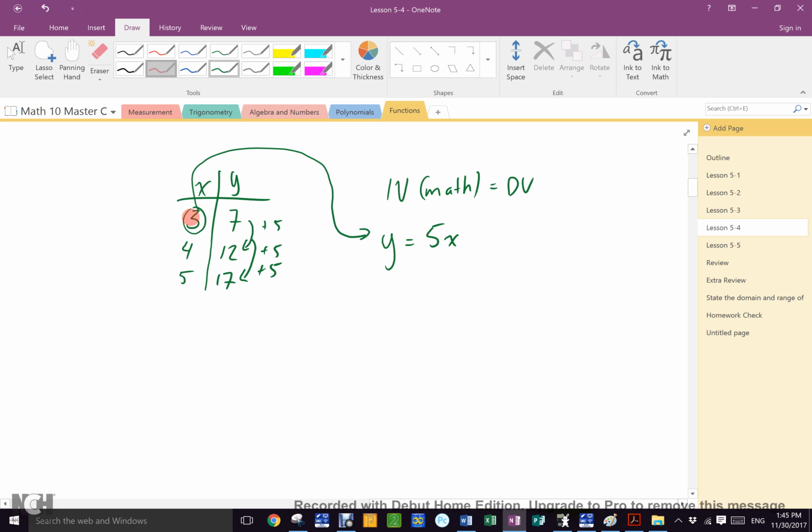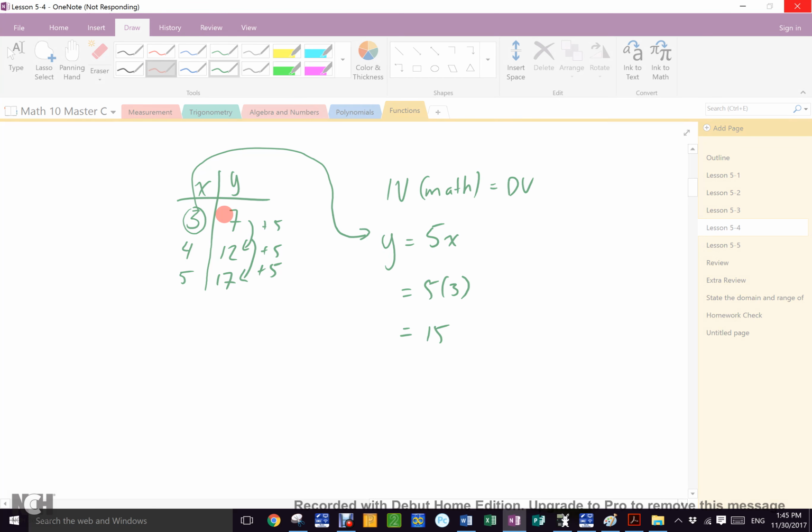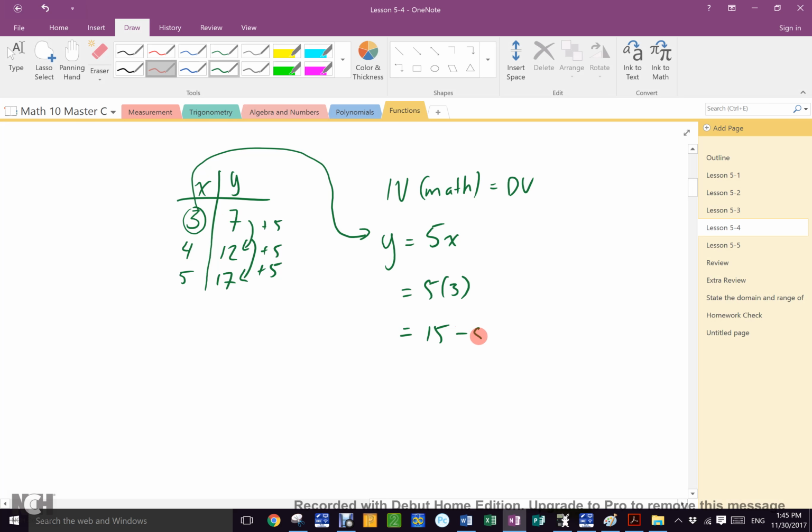So I have 5 times 3, which is what? 15. But I don't want 15. I need 7. So what do I have to do to 15 to get the 7? Subtract how much? Minus 8. So what's my equation? Y equals 5x minus 8.